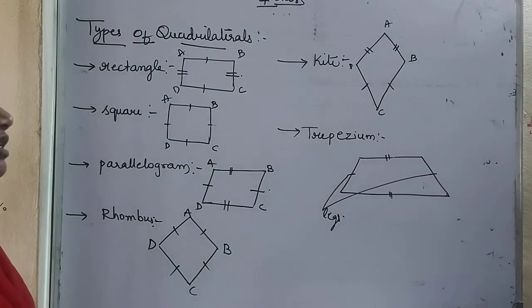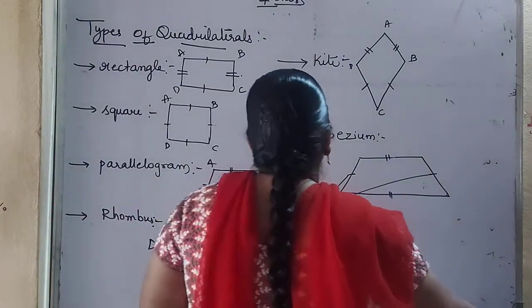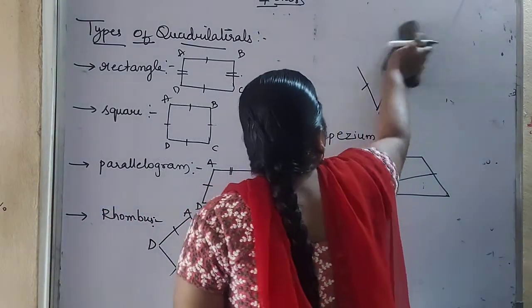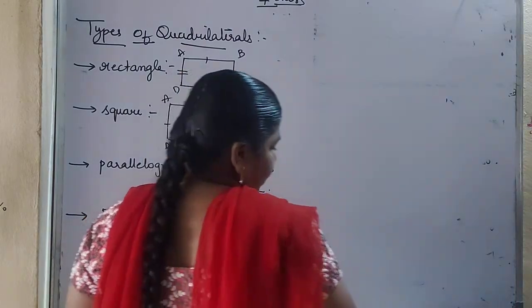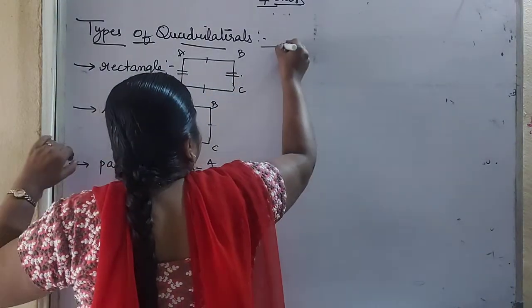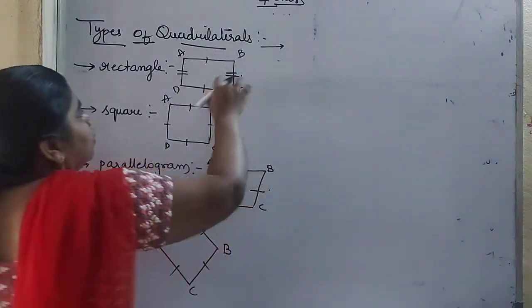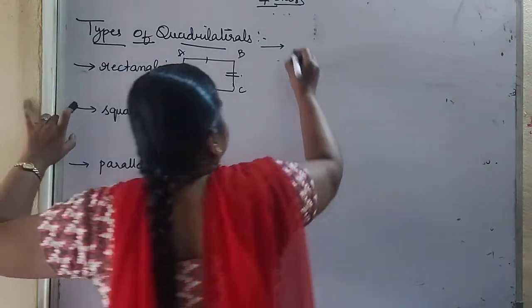So what properties will we see? First for the rectangle we will see. What are the properties of this rectangle? In this rectangle, I already told you that opposite sides will be equal.